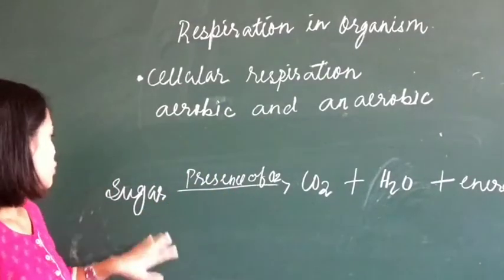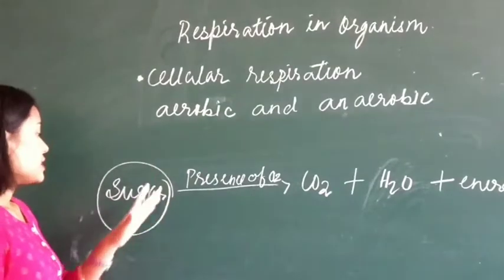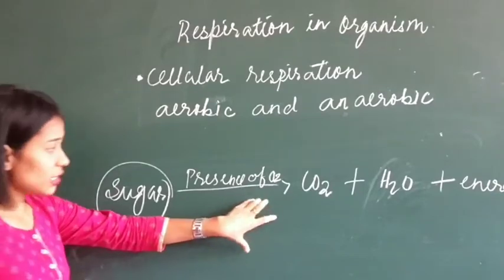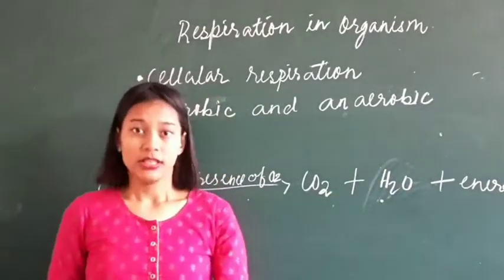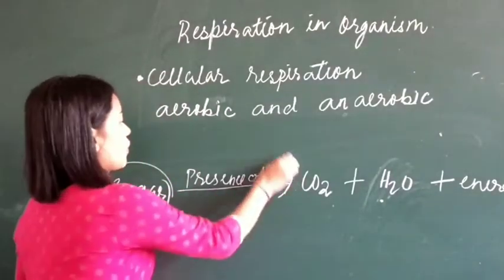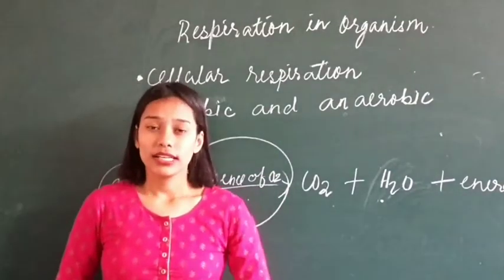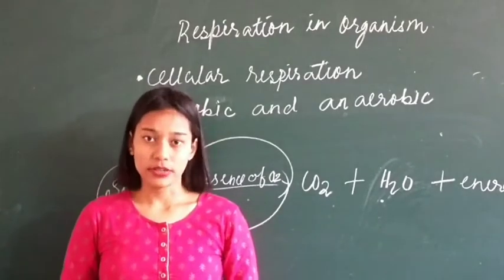Sugar, in simple language glucose, in the presence of oxygen gets oxidized, and it releases carbon dioxide, water and energy. So in aerobic respiration, the organism requires oxygen, and organisms that undergo aerobic respiration are known as aerobes.